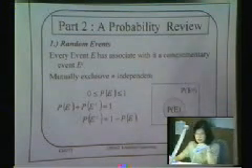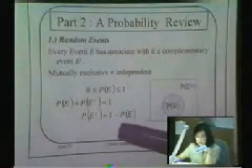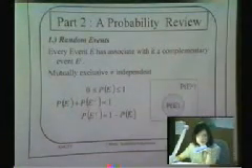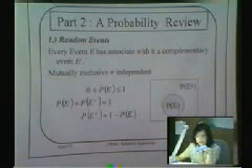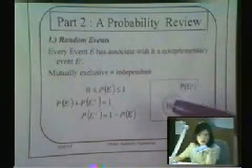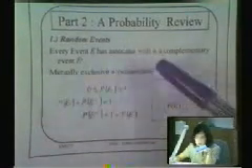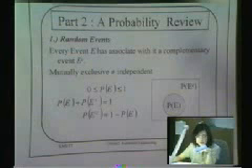We have to be concerned about the concept of mutually exclusive, and the term independent. These are two different terms, two different concepts.